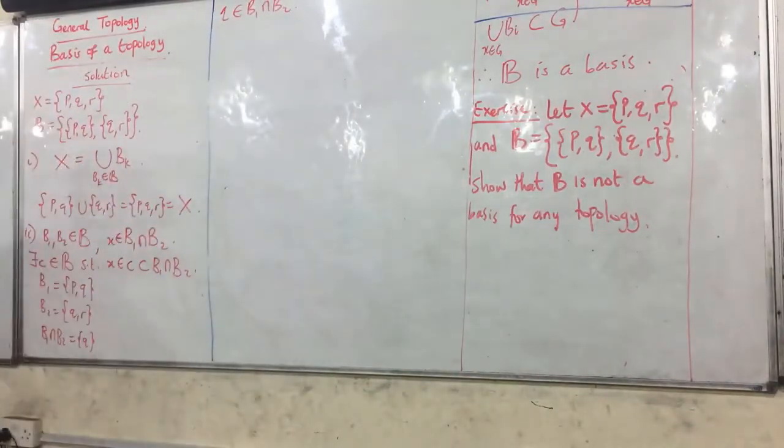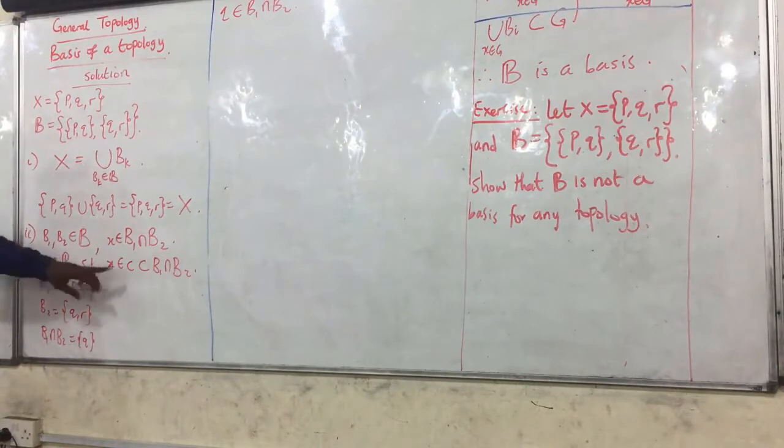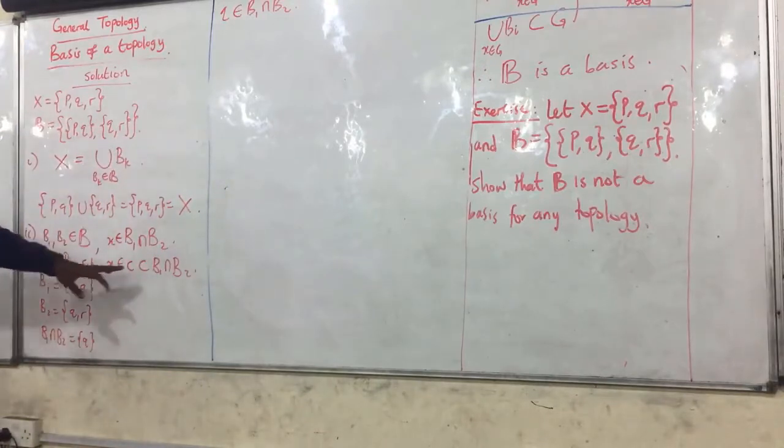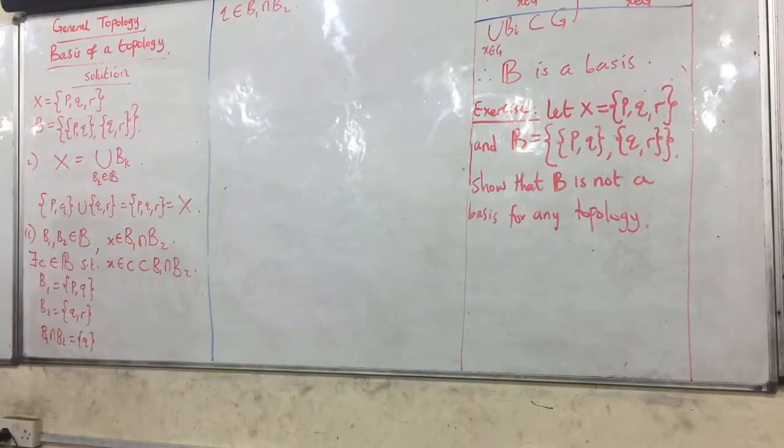Now, I've done this one. There should be another element C in B such that Q belongs to that C, and C is a subset of the intersection. That is just one element. Even if you take the same element, x is our Q now.